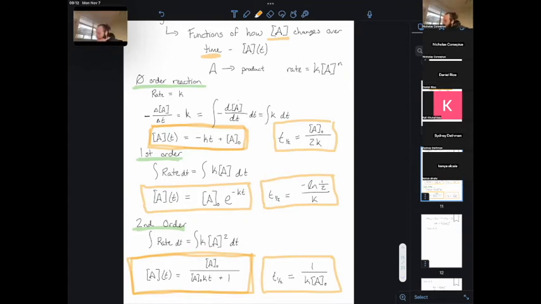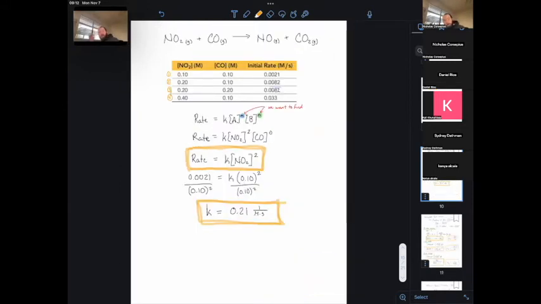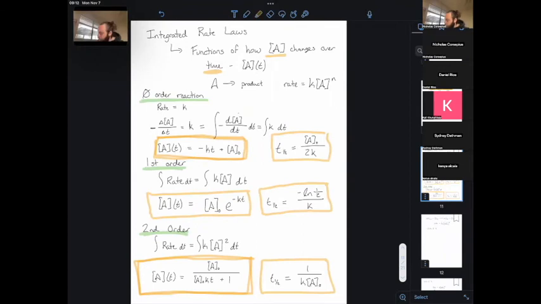So once I've taken my initial rate data, I've analyzed it like we showed how to do last class to figure out the order of my reaction, as well as the value of that rate constant. Now I know which integrated rate law to choose. That was a second order, so I would choose this one here.